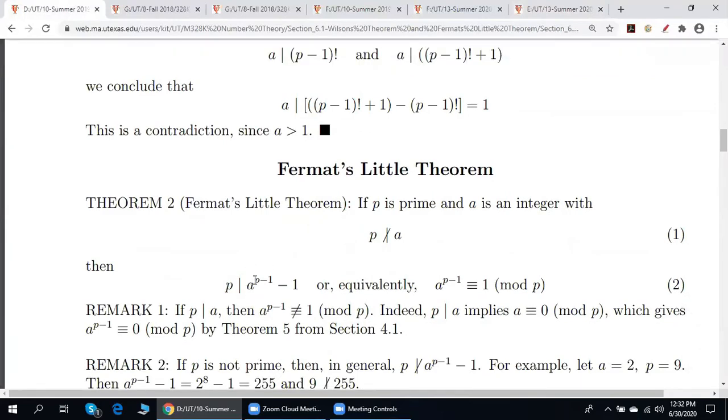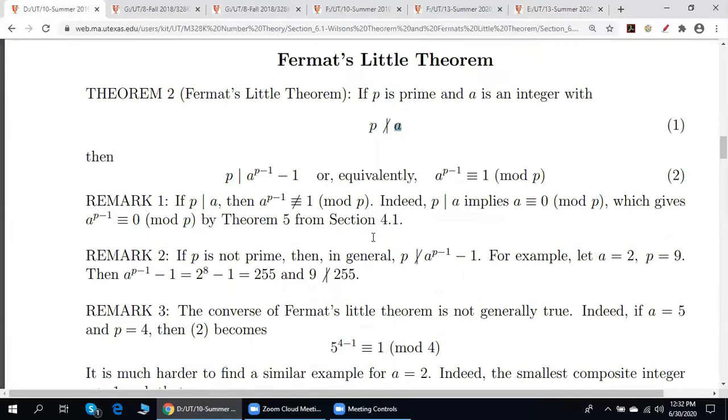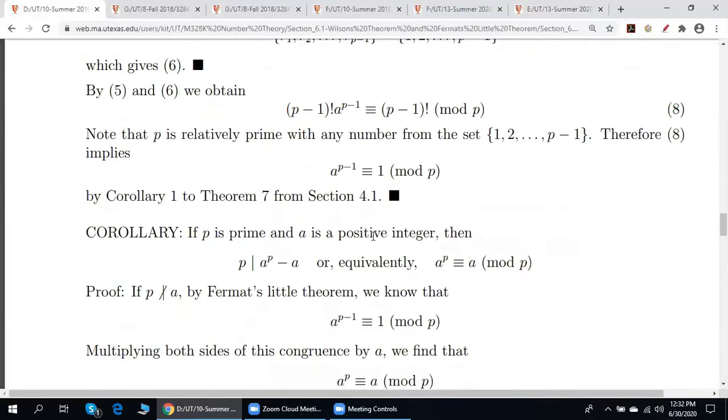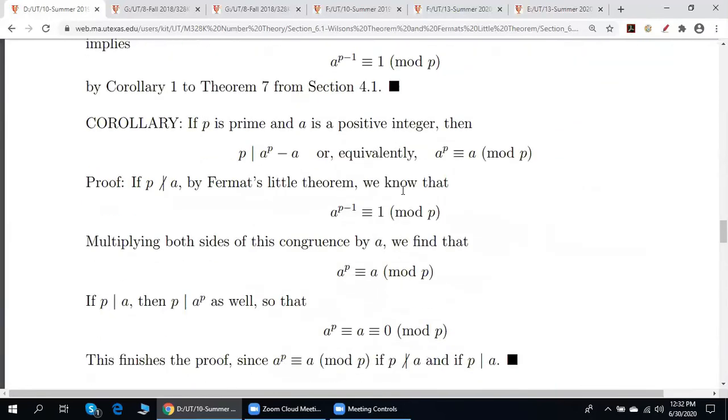p divides a to the p minus 1 if a is not divisible by p. And then, later, as a corollary, we will prove the following: p divides a to the p minus a, where p is prime and a is a positive integer.